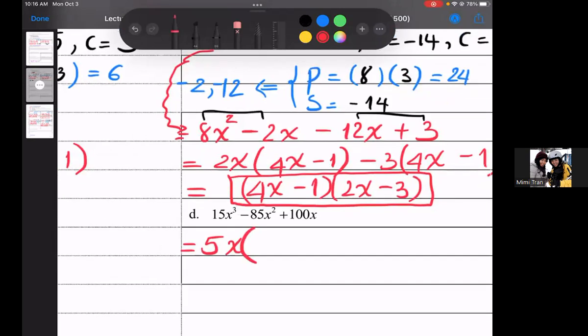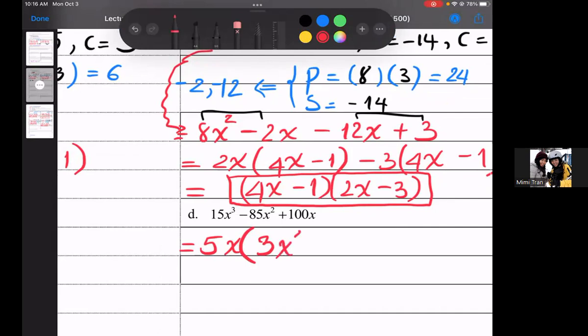What's left over? You can divide, right? 15 divided by 5 is 3. X cubed divided by x is x squared. So 3x squared. And then negative 85 divided by 5 is negative 17x, right? And then 100 divided by 5 is 20. And then x divided by x is 1.